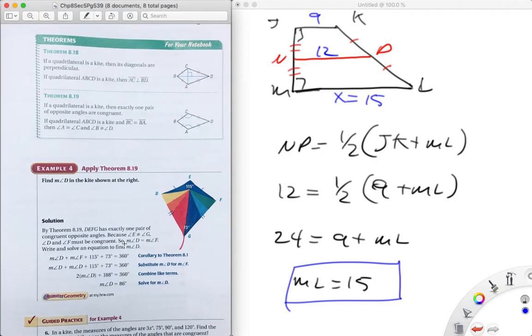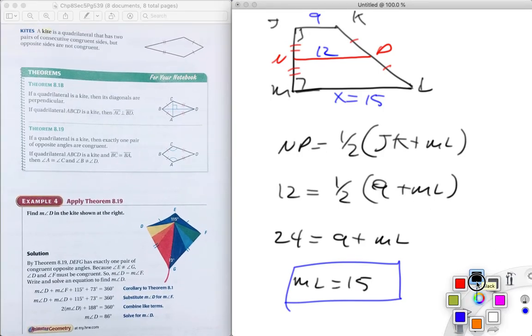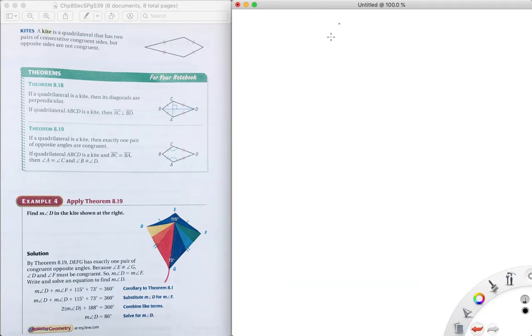Now a kite. So a kite is completely different from a quadrilateral that's a parallelogram, and a quadrilateral that's a trapezoid, in that there are absolutely no opposite sides that are parallel.